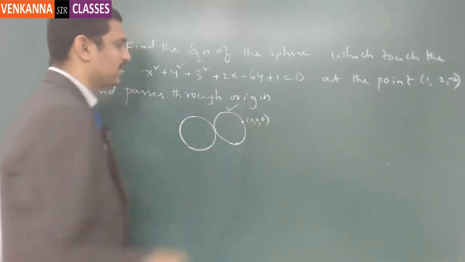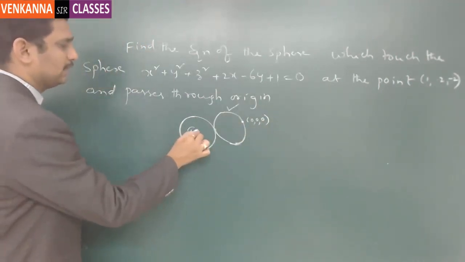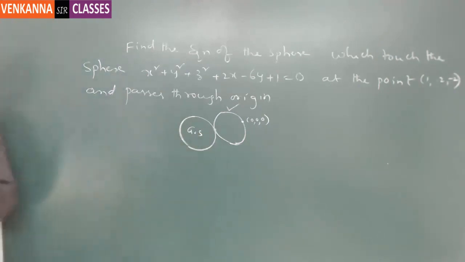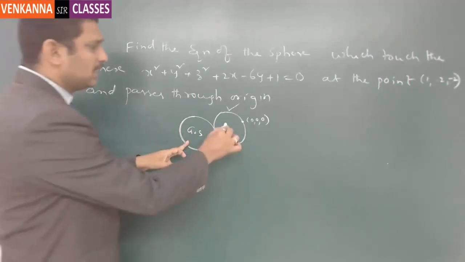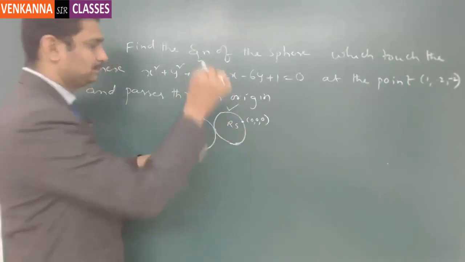So this is our required sphere and this is the given sphere. Clear to all? The diagram?